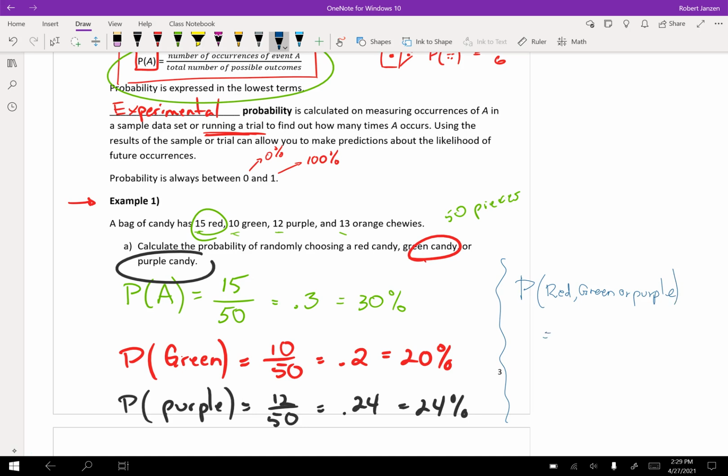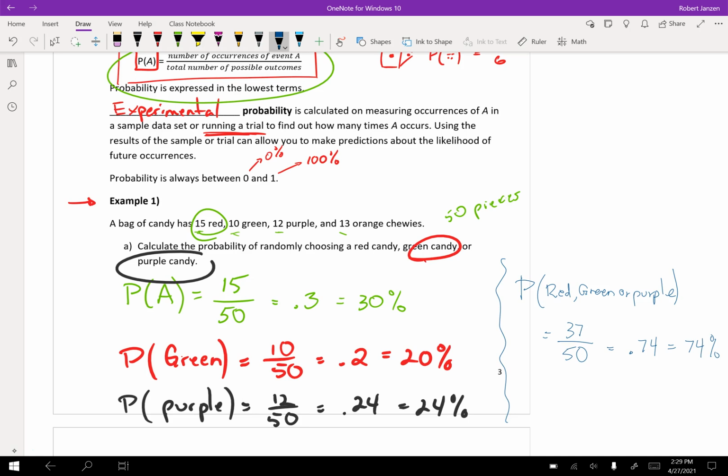Well, we know there are 15 red, there are 10 green, and there are 12 purple. If I add that up, there are 37 what we would call occurrences out of 50 possible. Okay, and if I put that in the calculator, 37 divided by 50, it will give me 0.74, and if I multiply by 100, I get 74%.